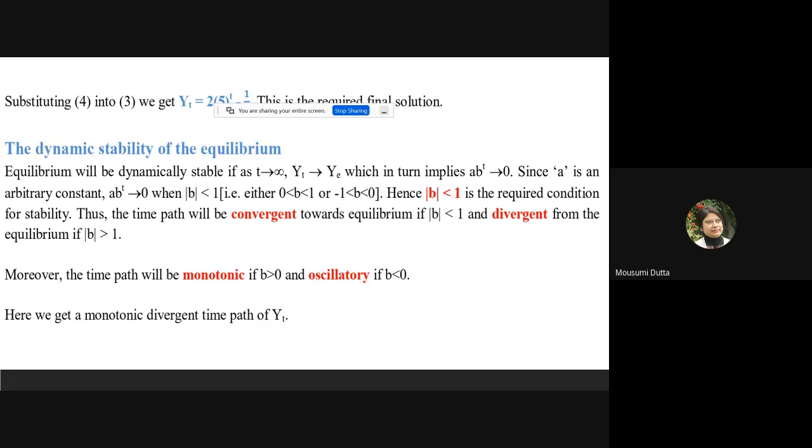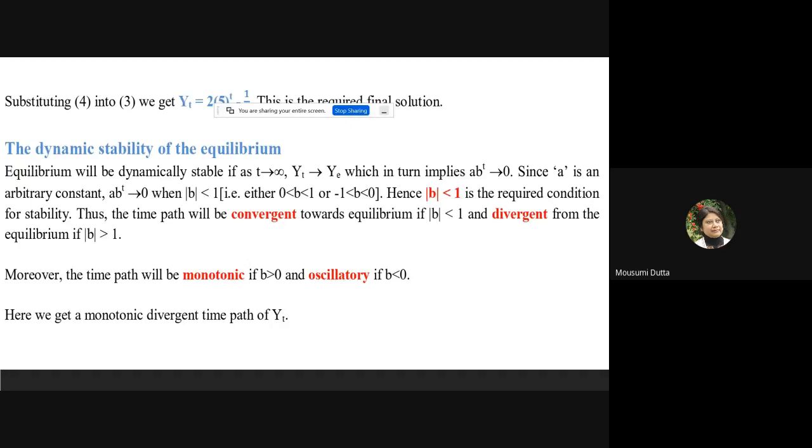What is the meaning of the nature of the time path? It indicates two aspects. The first aspect is whether over time the time path is moving towards the ideal value, the equilibrium value, or not.